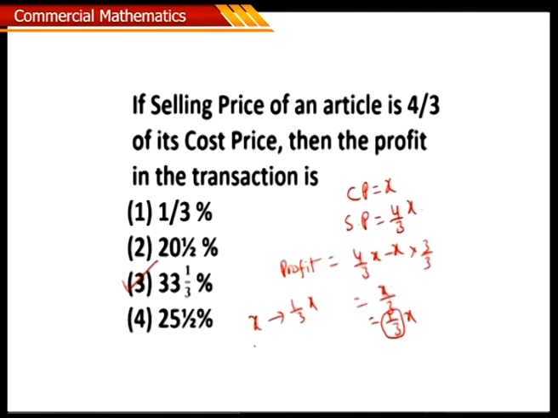How do we calculate here? Again, for X the profit is 1/3 of X. Percentage means per 100, so how much will it be? So 1/3 of X into 100 upon X. So you can see it is 100 by 3. 100 by 3 means 33 1/3%. This is the way in which we can calculate.